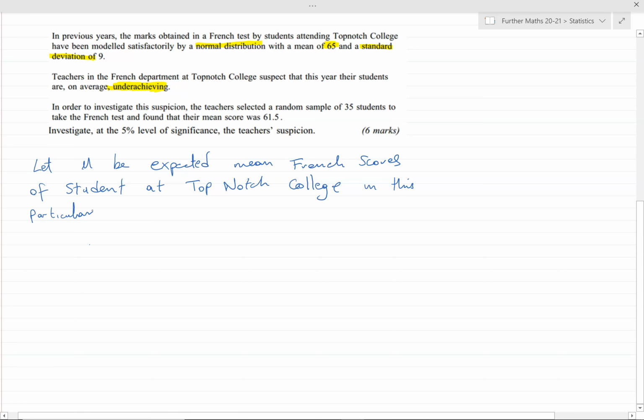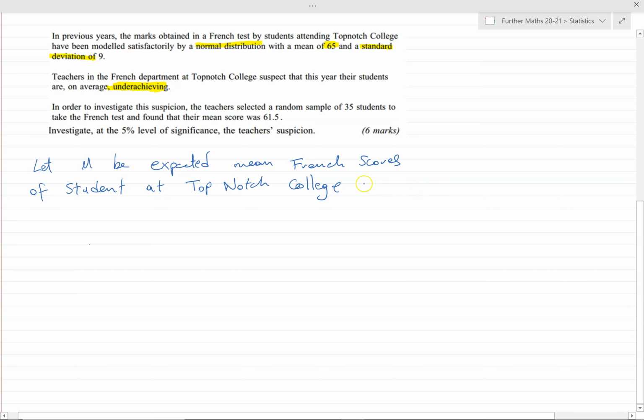So we actually think that mu is what we would expect their mean to be at a top-notch college. I suppose we don't really need the particular year bit. Is the expected mean that mu?